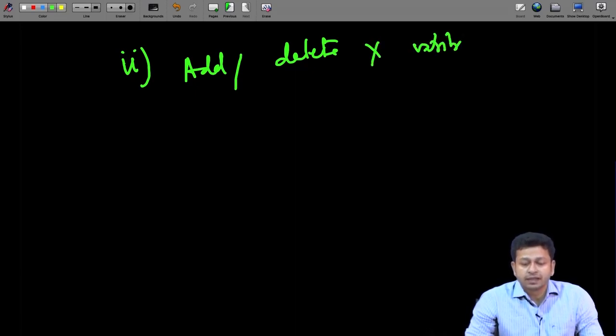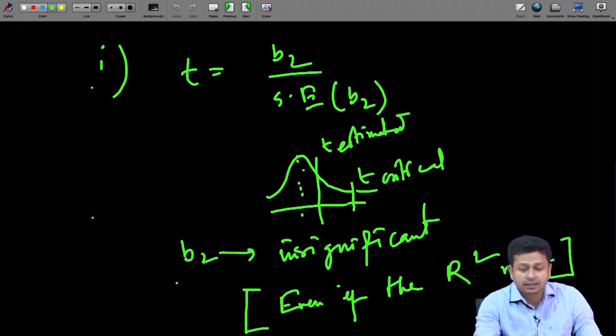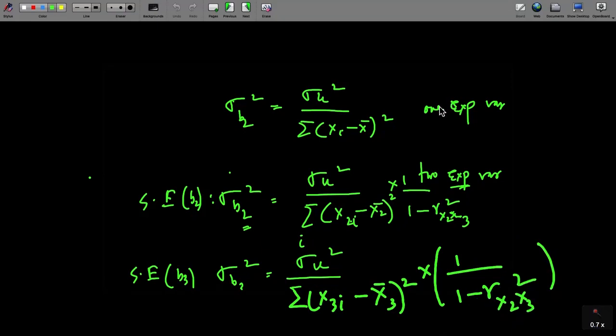If they are highly correlated, then this term here, this Rxy, this correlation coefficient term, is going to change because it depends on which other variables are present, right?